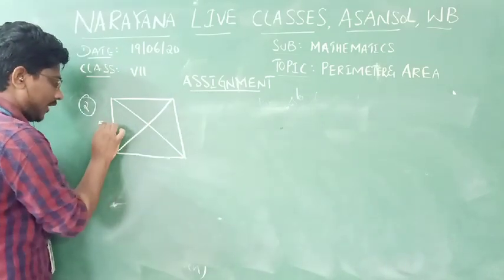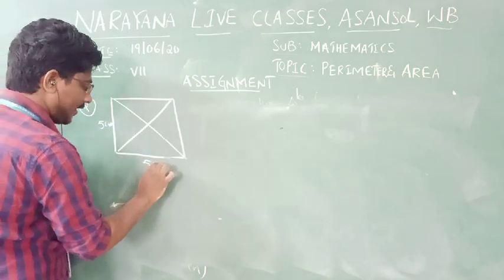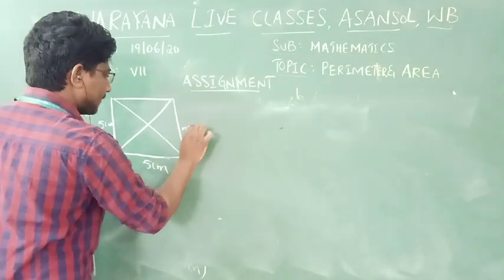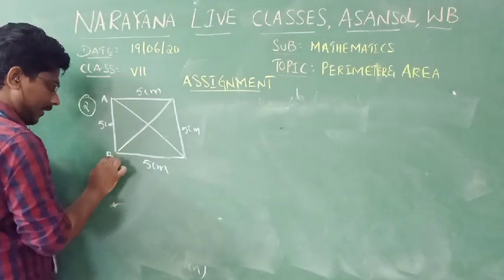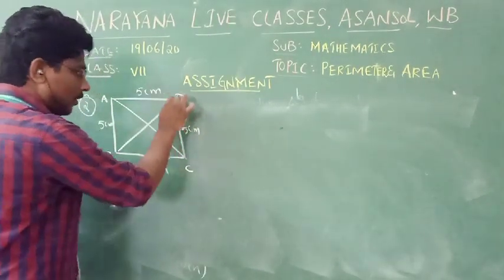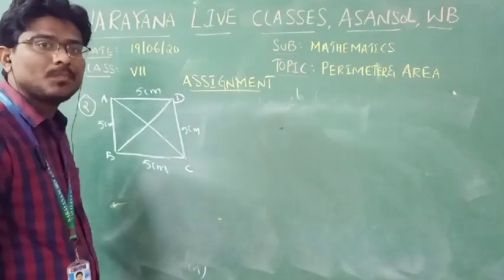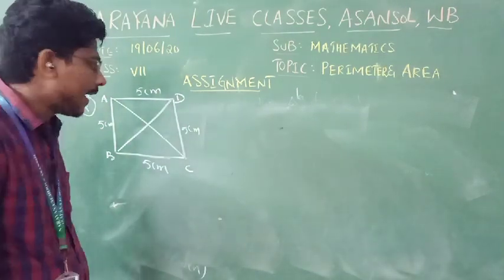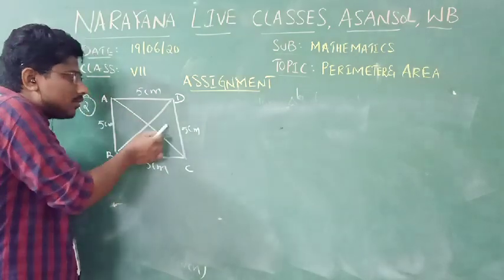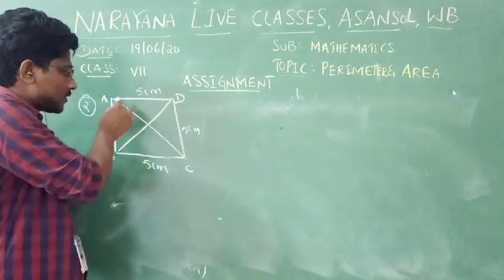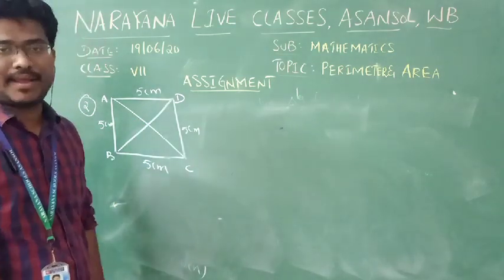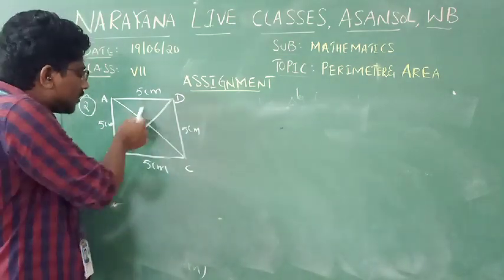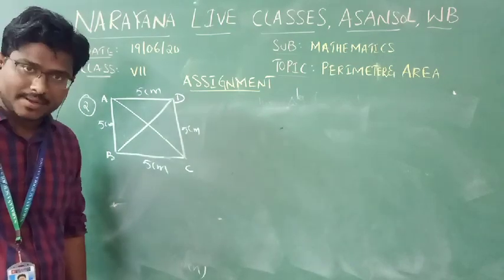It is imagined as A, B, C, D. So here what we need to prove is that the square is divided into four triangles. We need to show that all the triangles are congruent triangles.